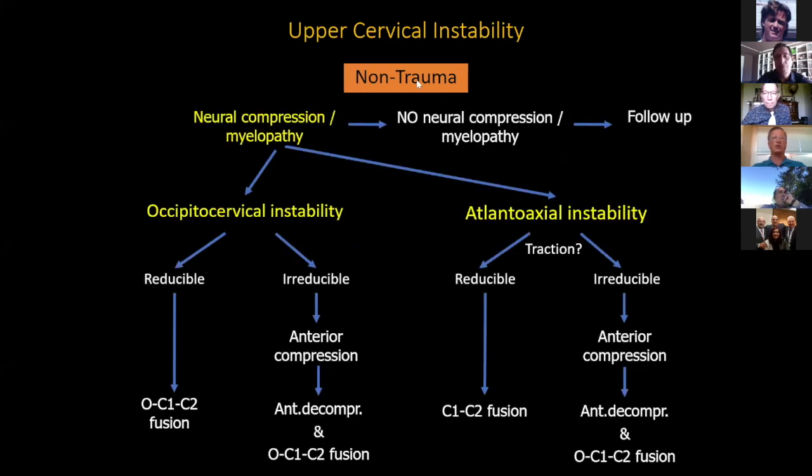However, if it is a non-trauma case of upper cervical instability, then again we ask about occipitocervical or atlantoaxial instability, the presence of such instability, and whether it is reducible or irreducible. Whether we have to apply traction is still in discussion. We don't have good recommendations for that. But occipitocervical instability and the necessity of fixation is not very common in non-traumatic upper cervical instability cases.